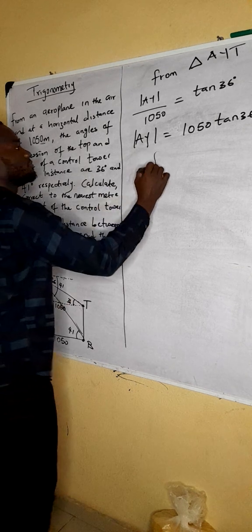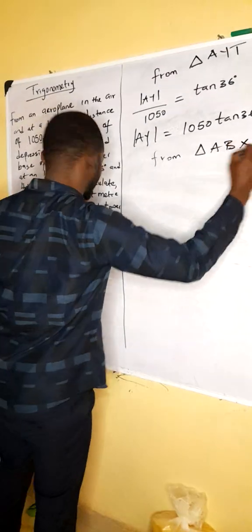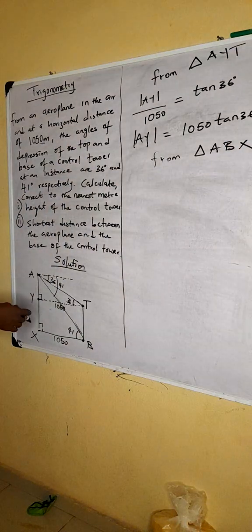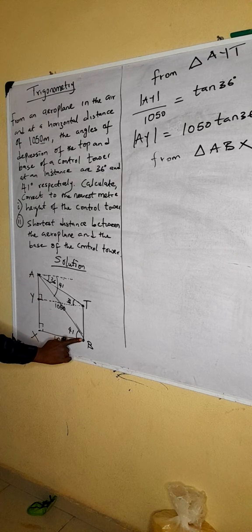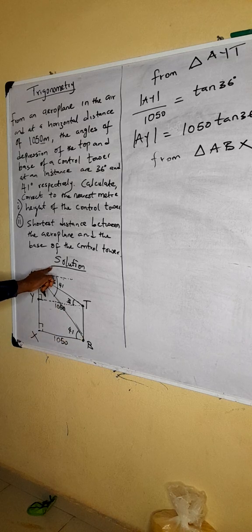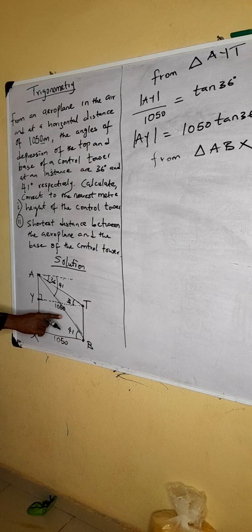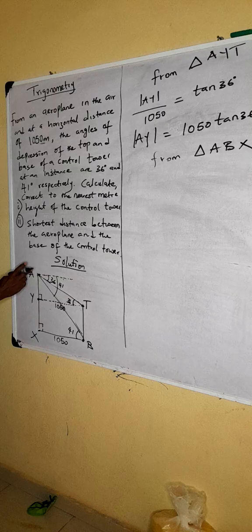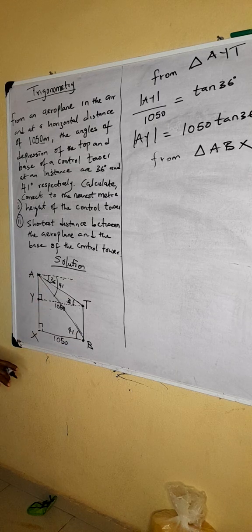So from triangle ABX, if we do the same thing similarly, this angle is 41 degrees. Do you understand how I got that 41 degrees again? Remember, alternate angles: the angle of depression of the base from the aeroplane is the same as the angle of elevation of the aeroplane from the base. So let's continue.